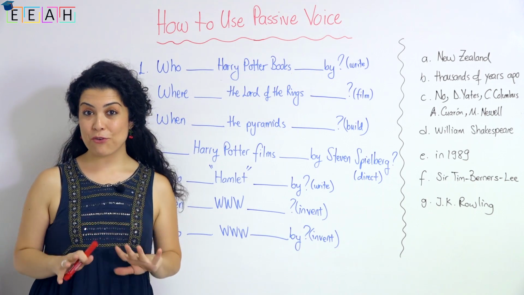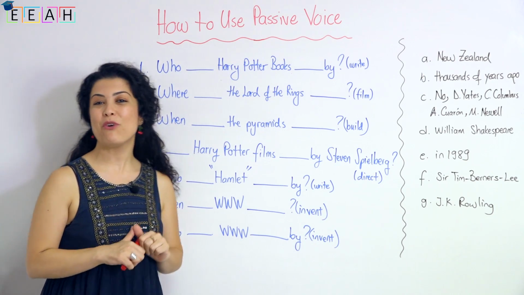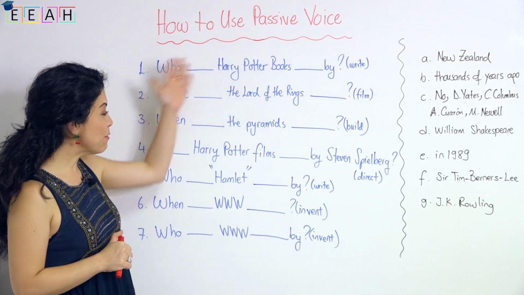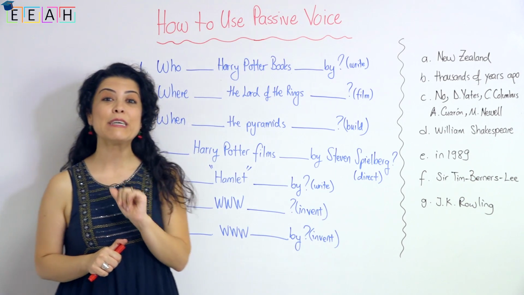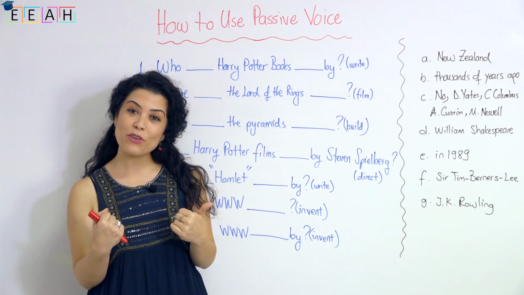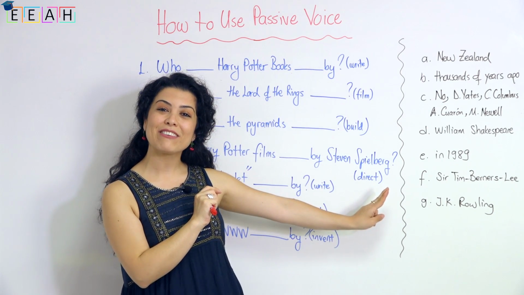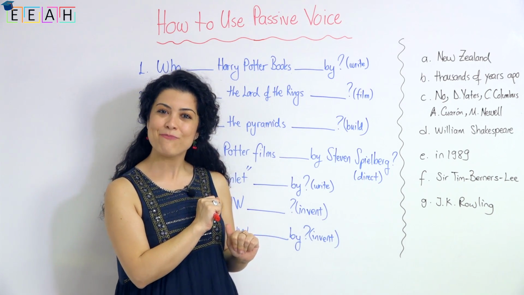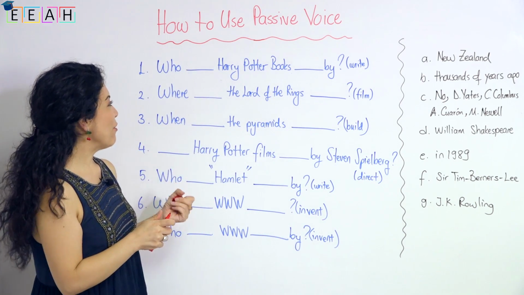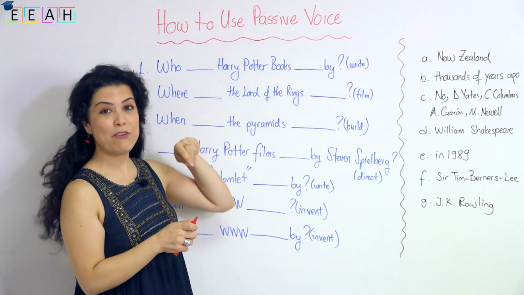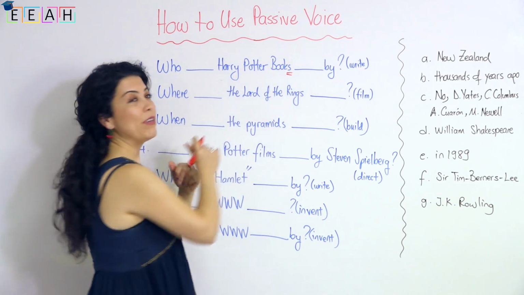Let's practice further with past passive questions, okay? I've got some questions here, but they're incomplete. I want you to work with me, complete the questions, and find the correct answer for each one. Ready? Let's do it together. So, now we're looking into Harry Potter books, plural.